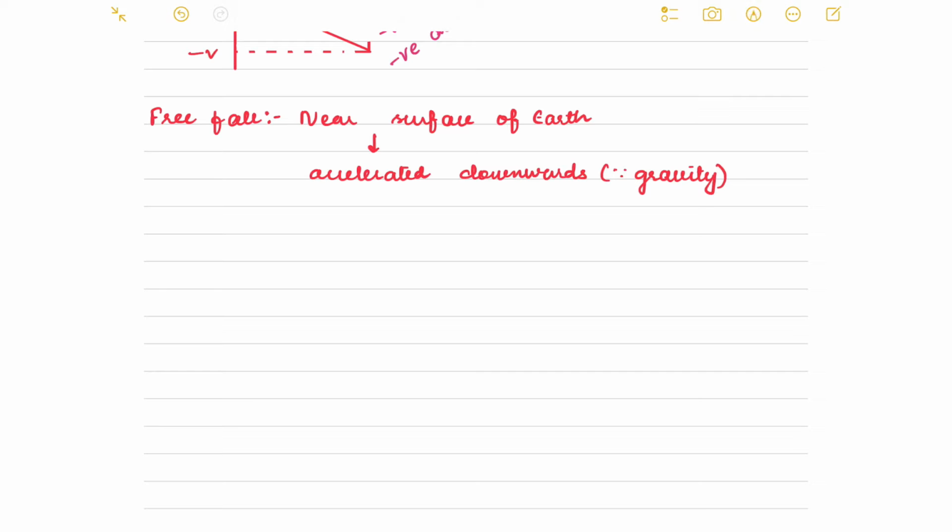The magnitude of acceleration due to gravity, as we already know, is represented by small g. If air resistance is neglected, then the object is said to have a free fall.